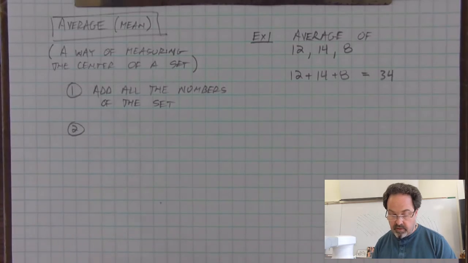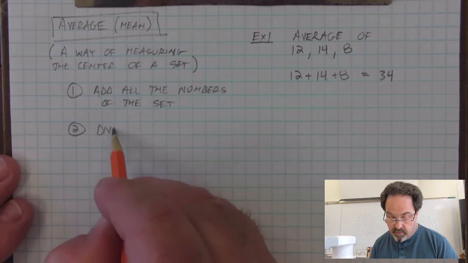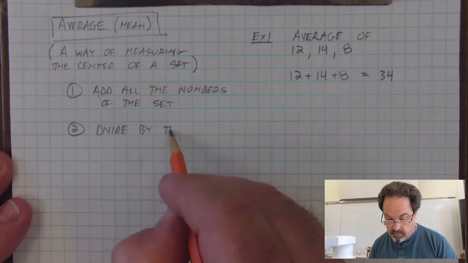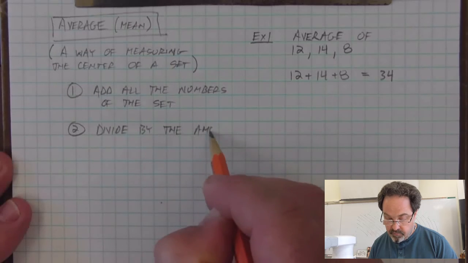Step number 2 in calculating the average, divide by the amount of numbers in the set.